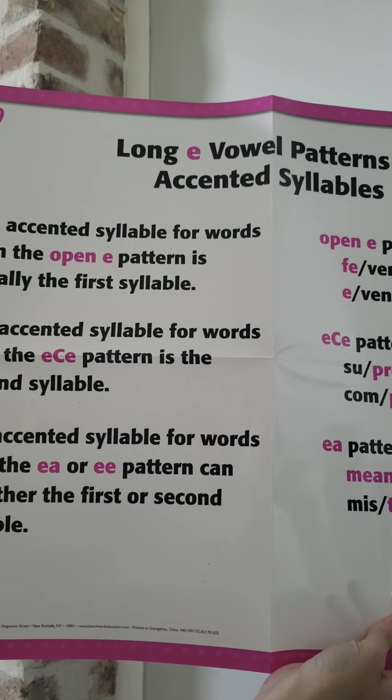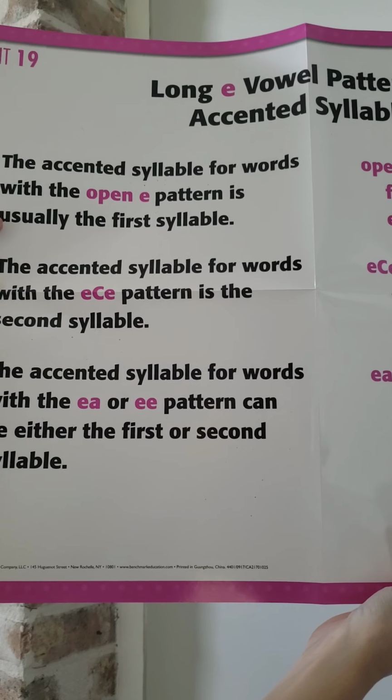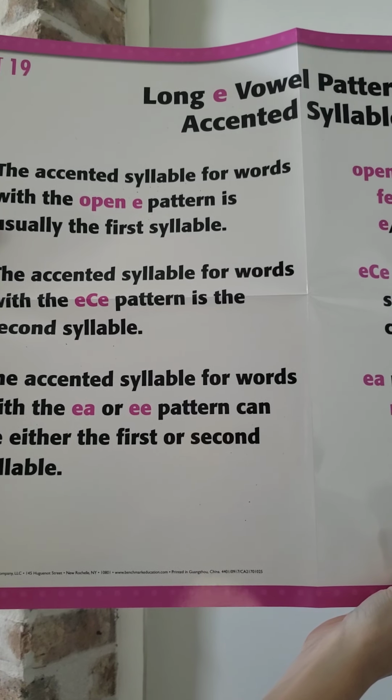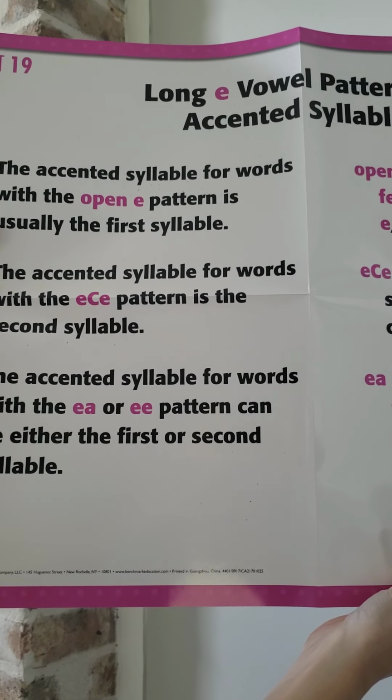Our other 2 patterns that we're talking about this week are EA and EE patterns. The accented syllable for words with EA or EE patterns can be either the first or second syllable. The first syllable with EA, our example here is meaning. You can hear that long E in that first syllable.